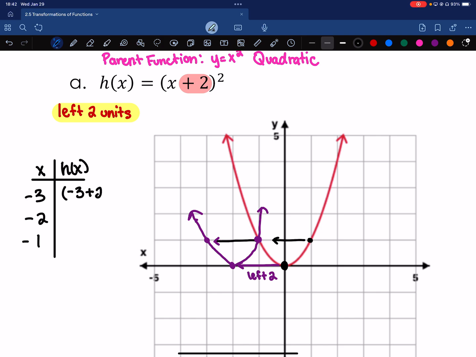-3 plus 2 squared. -3 plus 2 is -1. You square -1, you get a +1. Okay, you plug in -2, same concept. -2 plus 2 is 0. 0 to the second power is 0.